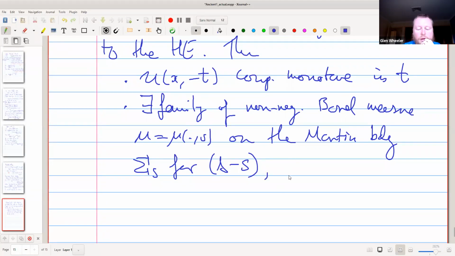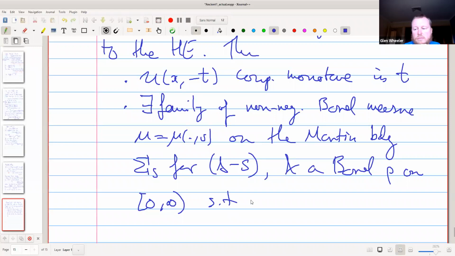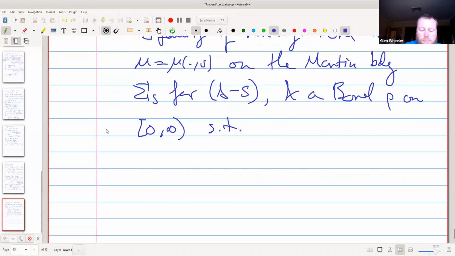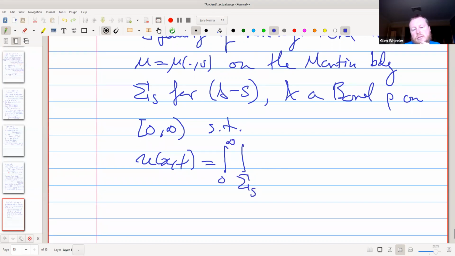And a Borel measure rho on (0, infinity), such that u of x and t is going to be the integral from 0 to infinity, integral over sigma s.